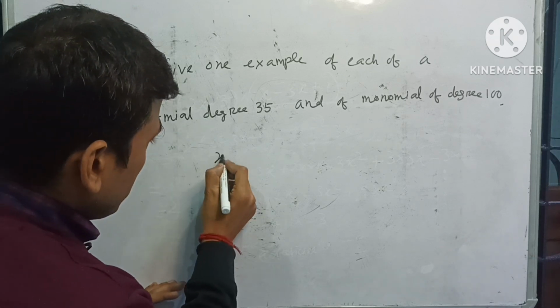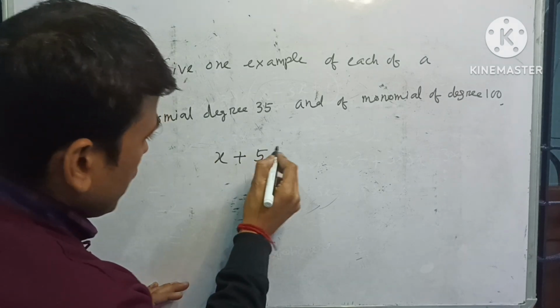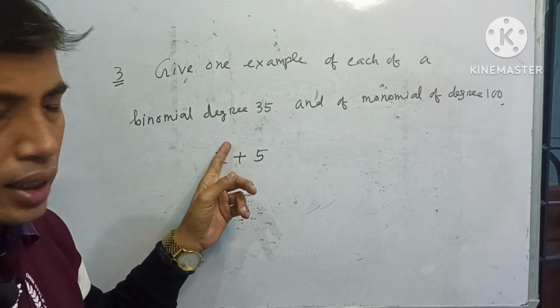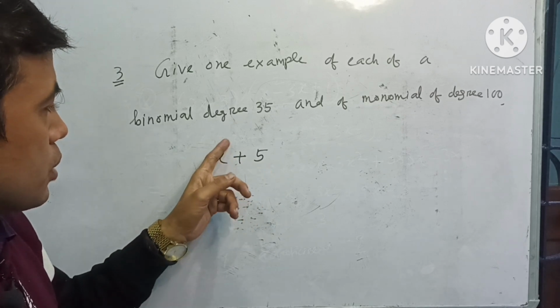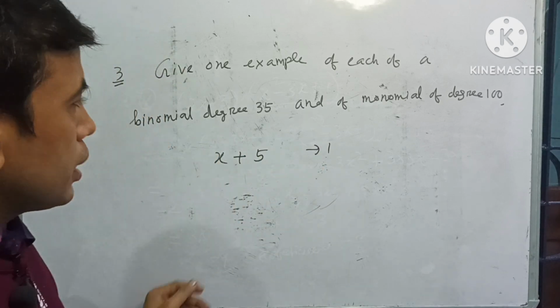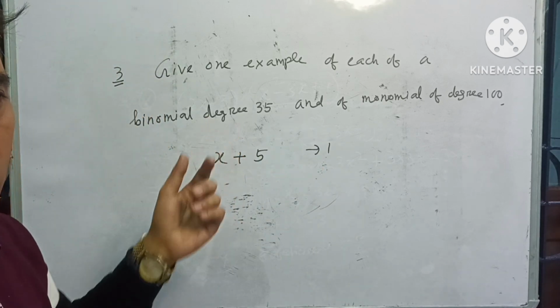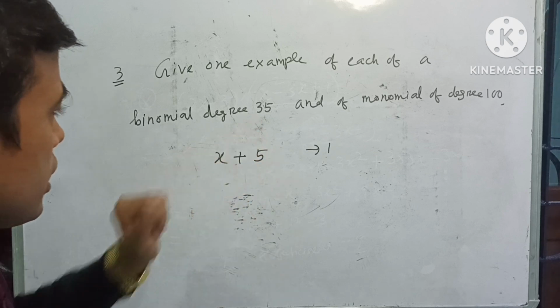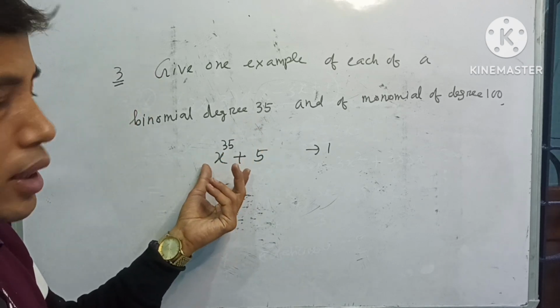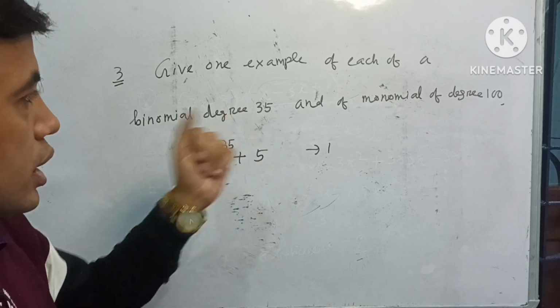Okay, so I write x plus 5. This is a binomial, but here the degree is the exponent of x, which is 1. So here the degree is 1. But you need a binomial whose degree is 35. So here you write x to the power 35. So this is a binomial whose degree is 35.